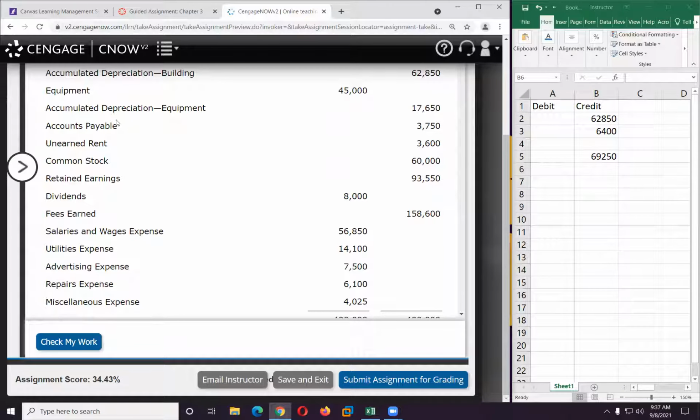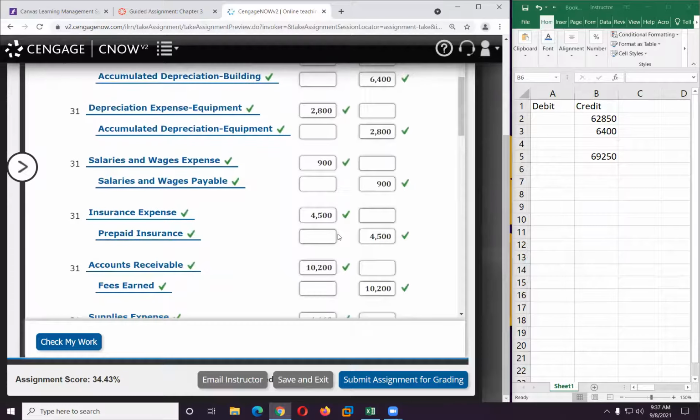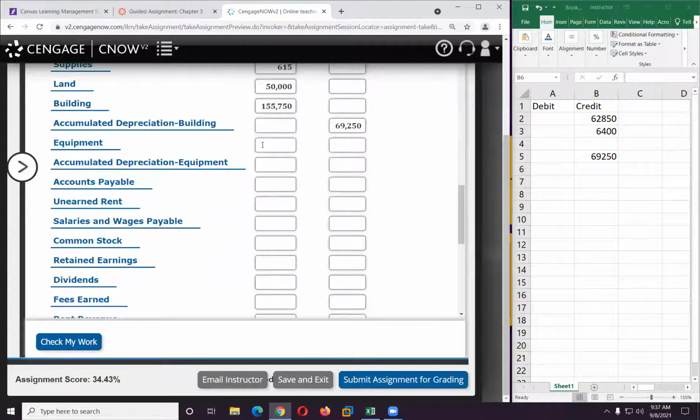All right, so our equipment has a debit balance of 45,000. We didn't make any adjustments to equipment, so it still has a debit balance of 45,000.